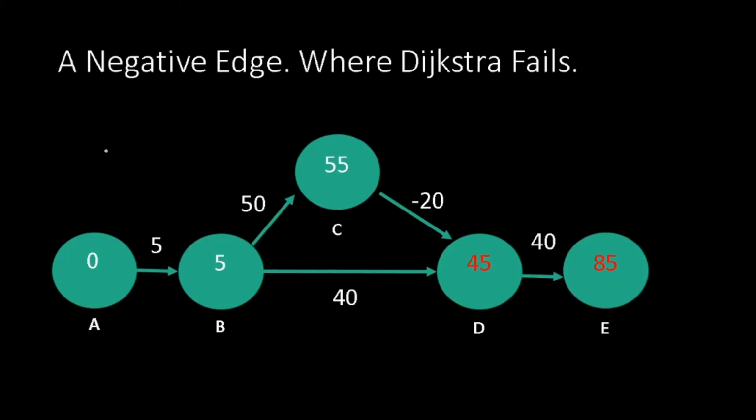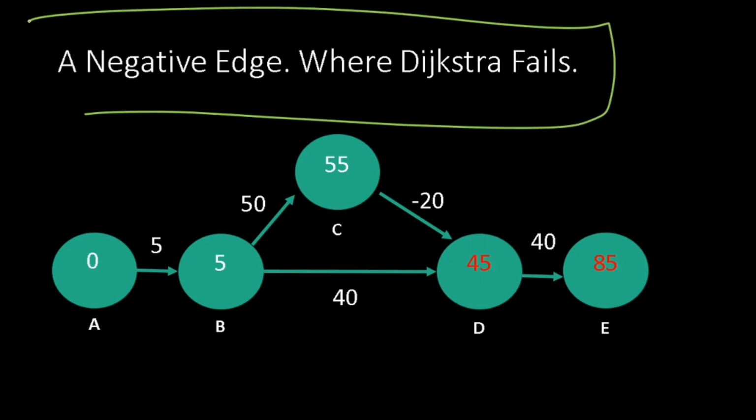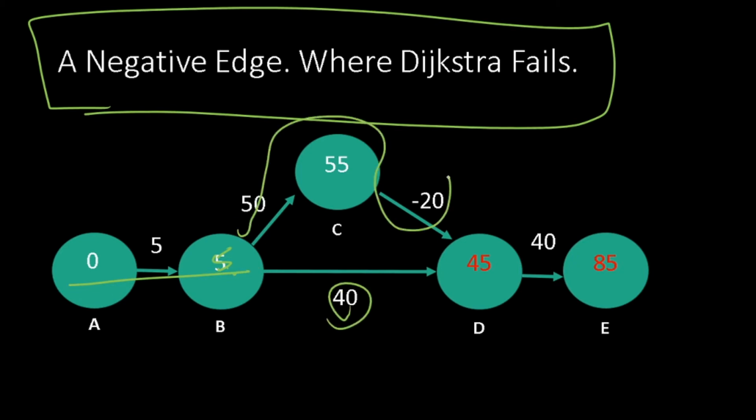So to give you one more example of why Dijkstra fails here: 0 to A, 5, no problem. 0 to A to B, it is marked as 5, no problem. From B to D, should we use this path or this path? We are going greedy, so we'll use this path. So it's 40 plus 5, it's 45, and 45 plus 40, this is 85.